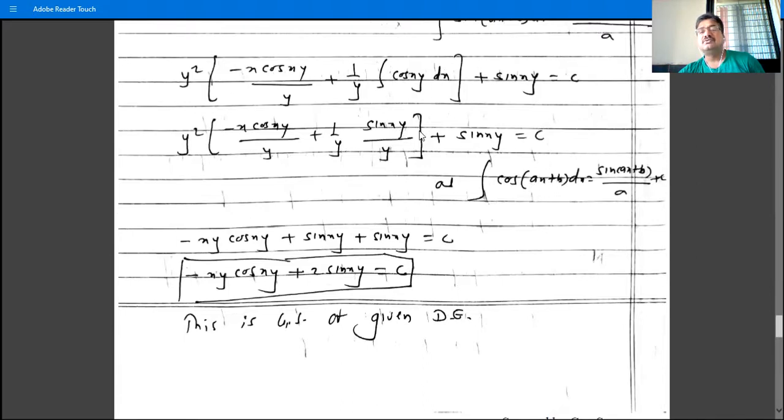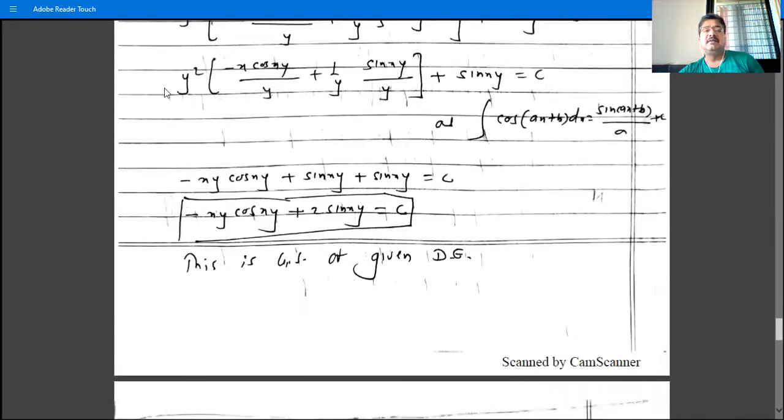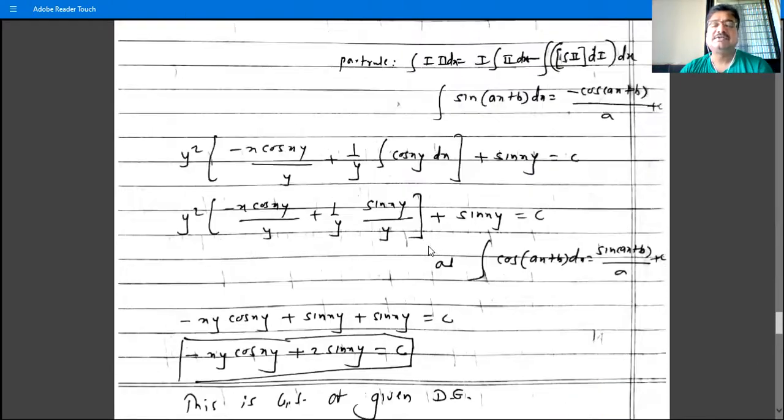By using this rule we have sin(yx) divided by y, and then multiply by y square in the bracket; the y square gets cancelled. So sin(xy) plus sin(xy) become 2 sin(xy), minus xy cos(xy), plus 2 sin(xy) is equal to a constant. And this is the general solution of the given differential equation.